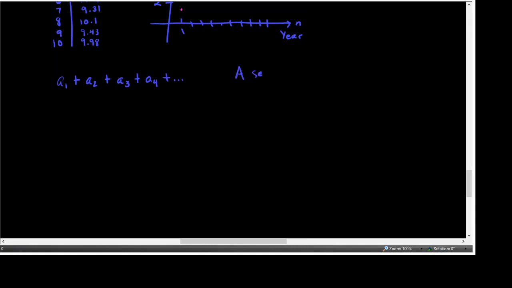A series is the sum of the terms of a sequence. So you just take the sequence, and instead of putting commas between, you put plus signs in between, and that gets you a series. And what I've written here is an infinite series.